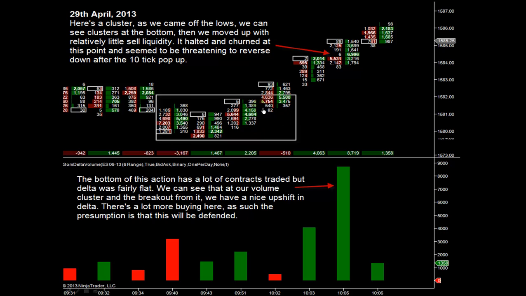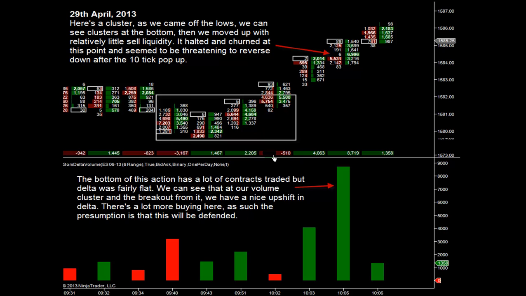Now here we see a lot of volume trading at the low of the day. Even though there's a lot of volume there, we've got 7,000 contracts here, 5,000 here, 2,000, 5,000, 4,000. The delta itself is quite neutral: minus 3,000, plus 1,400, plus 2,200, minus 510.